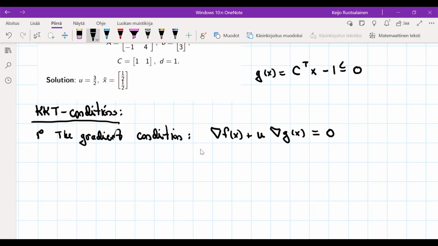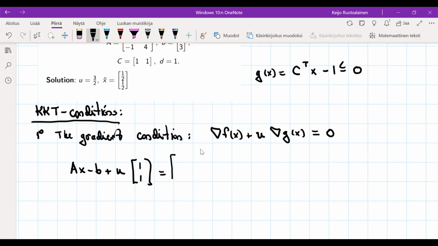So the gradient of f is A times x minus b, plus u times the gradient of g, which is the vector c, 1, 1.